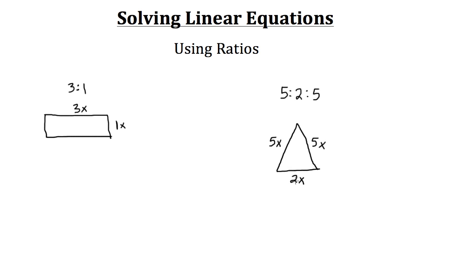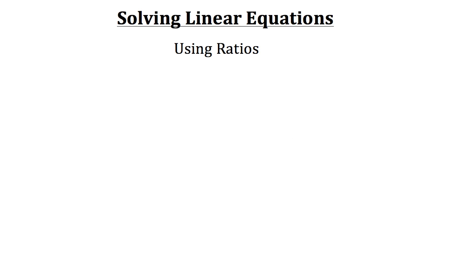So here's that 5 to 5 ratio. Now it doesn't matter what x is, because it's still going to maintain this proportionality. Now let's actually take a look at a specific example and see how we can apply it.